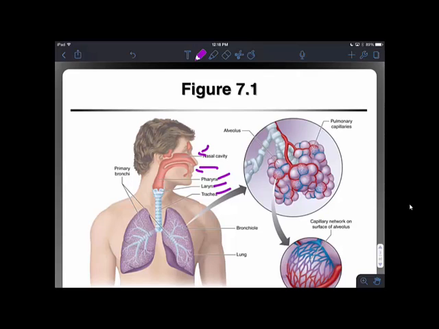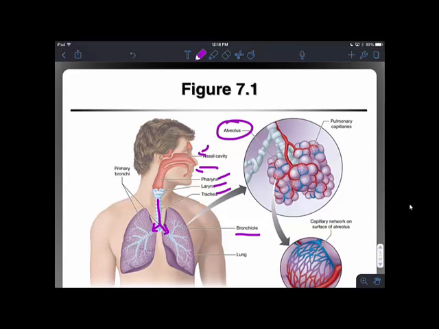From the trachea, the air travels down and branches out into the lungs, and it enters the bronchial tree. So smaller and smaller air passageways until finally the air ends up in what are called alveoli, which is the plural, or alveolus, which is the singular. There are about 300 million alveoli in the human lungs, so they're very tiny, millions of air sacs, and that's where our air ends up.